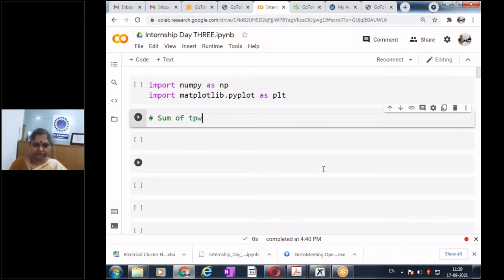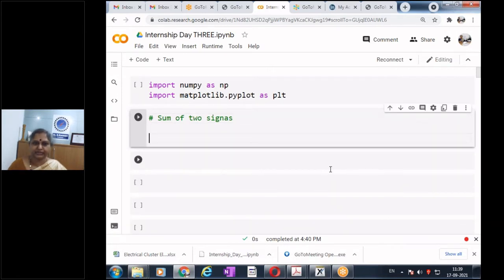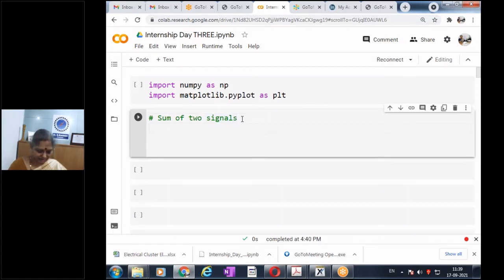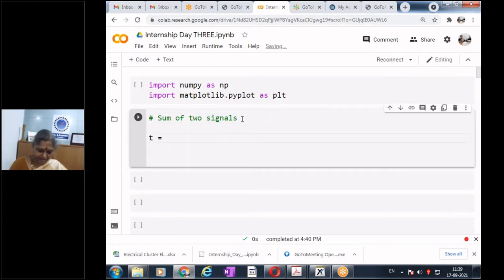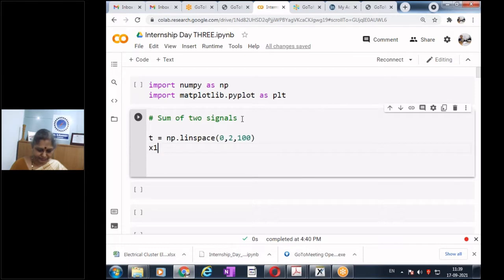We need to define time. t is np.linspace(0, 2, 100). And let us say x1 is np.sin(2 pi t).